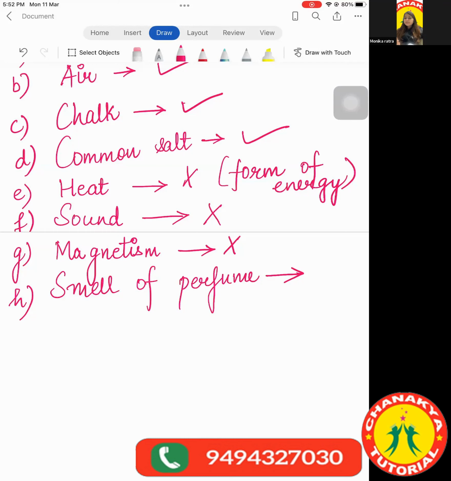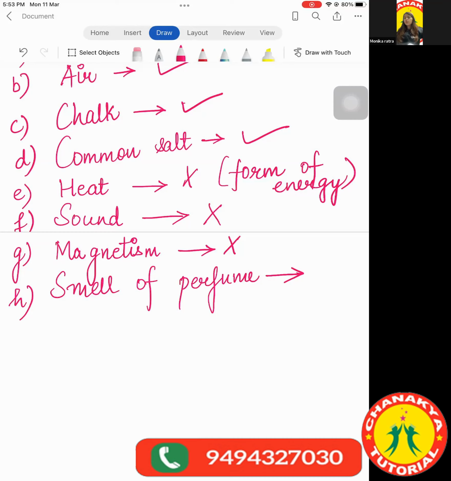Means if the smell is widely spread in the room or the area, then we can smell it. Generally, it does. Whenever your parents are cooking food, you get to know that the food is being prepared, right? What is being prepared is not the concern, but something is being prepared, you get to know if the things are hot. So the smell, yes, it does travel from one place to another.